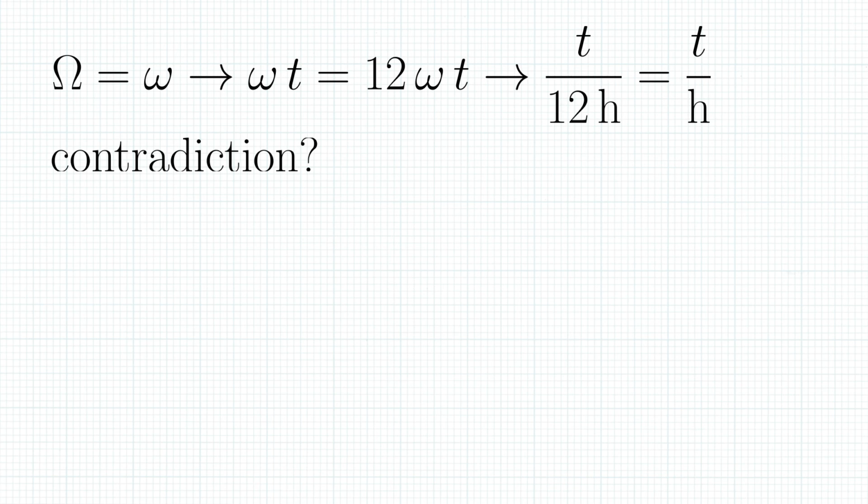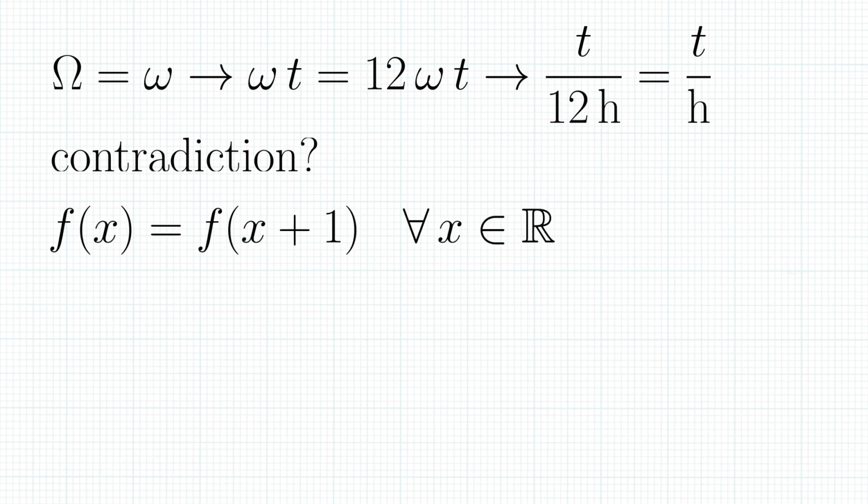1.5 turns, for instance, are equal to a half turn, and so are 2.5 turns, and 3.25 turns are actually just a quarter turn. For our equation to reflect that property, we need to apply a function on both sides that satisfies f of x equals f of x plus 1, a periodic function with period 1.